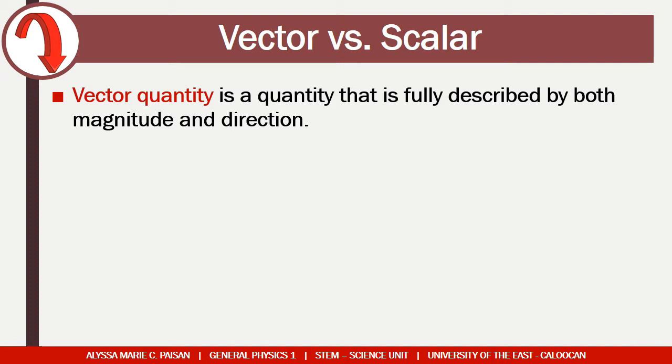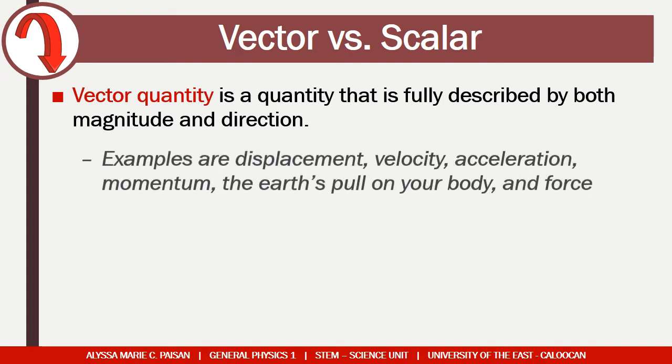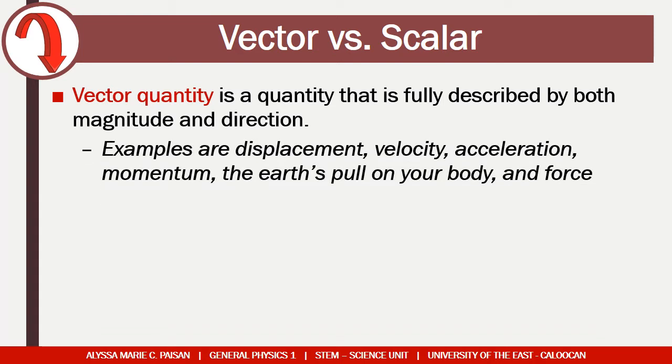From this point, when we say magnitude, it is the numerical value together with the unit. Here are some examples of vector quantities: displacement, velocity, acceleration, momentum, and the Earth's pull on your body, aka the weight, and force.